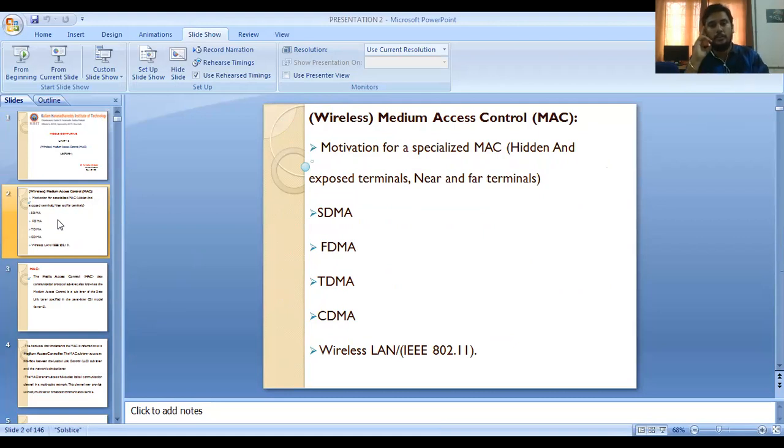That is motivation: what is MAC, and what is the need for a specialized MAC? What are the hidden terminal problems, exposed terminal problems, and near and far terminal problems, and how we avoid hidden and exposed terminal problems. We covered SDMA, FDMA, TDMA and CDMA, and wireless LAN IEEE 802.11. Okay, with this we successfully completed unit number 2.